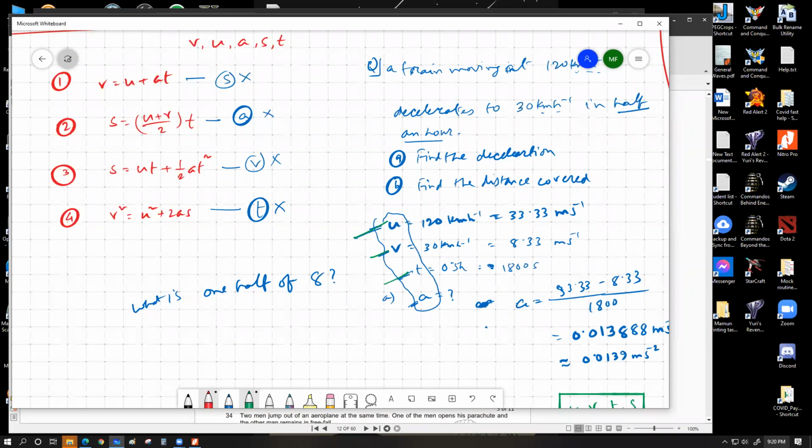A stone is thrown vertically upwards with an initial velocity of 20 meters per second.